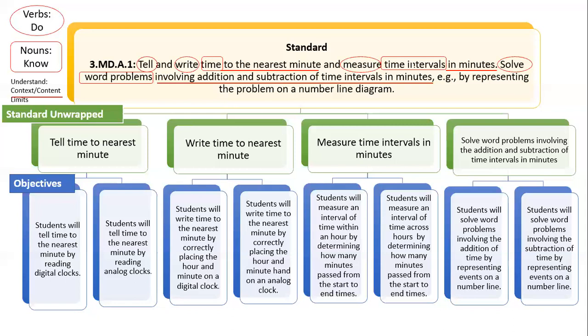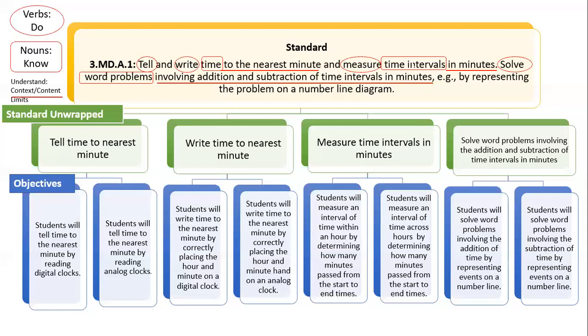But when I get to the actual teaching of this lesson, I really want to be focused on this objective. So I know my focus is going to be around word problems that involve subtraction, word problems that are involving subtraction of time specifically, and every resource that I use should be around that topic.